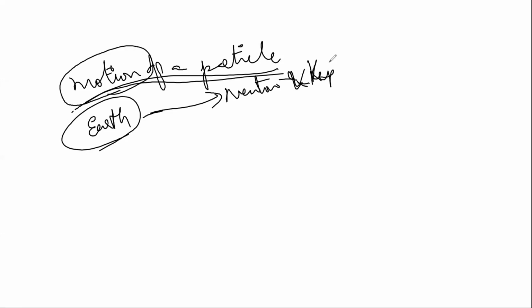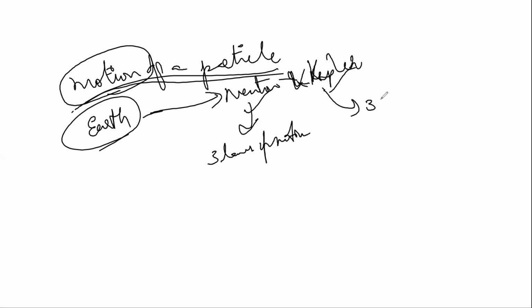So they have given some laws of motion. What did they observe on Earth? See, Newton has given three laws, Newton's three laws of motion. And then Kepler has given three laws of motion, observing the planetary motion.